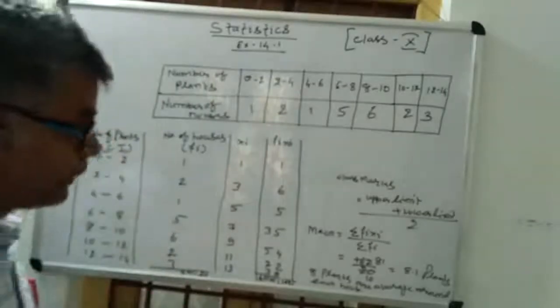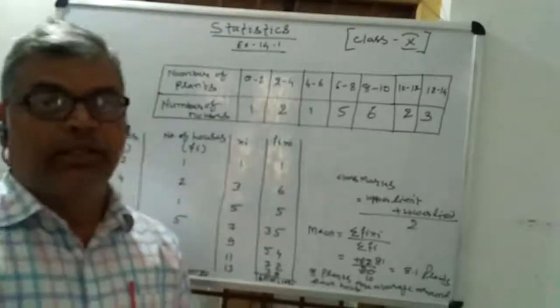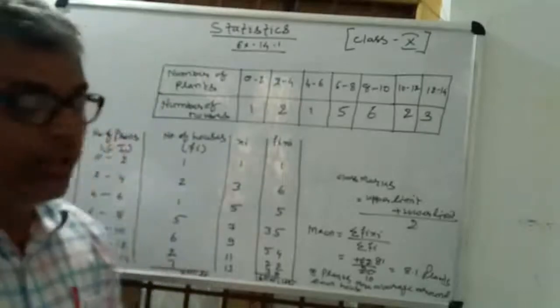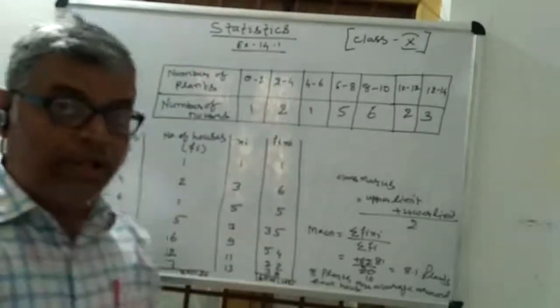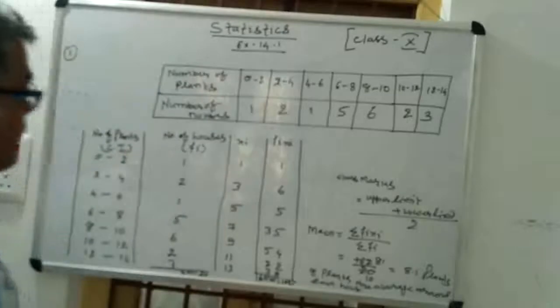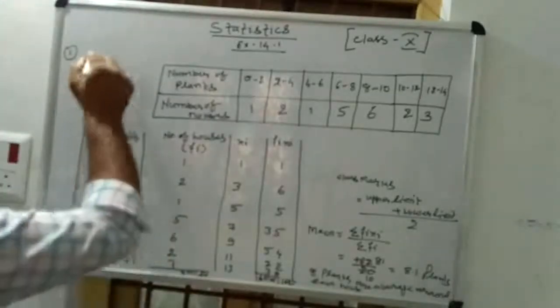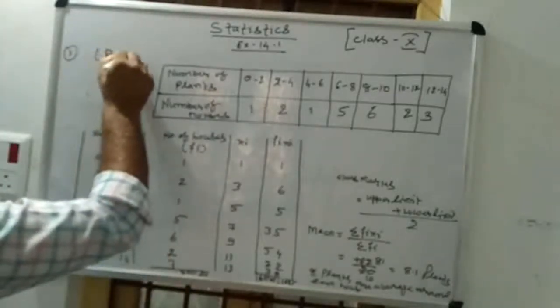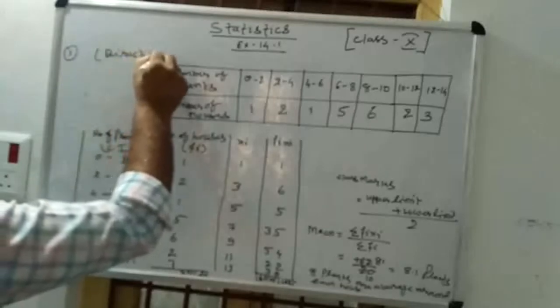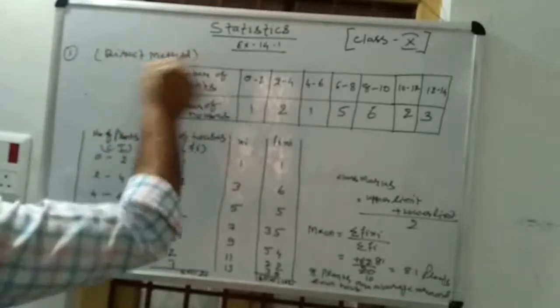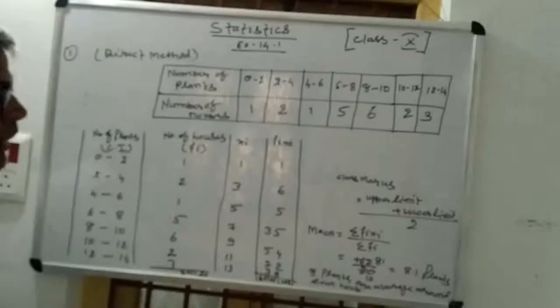So this is the process to find the mean value by direct method. We solve these sums by the direct method. Always remember the method.